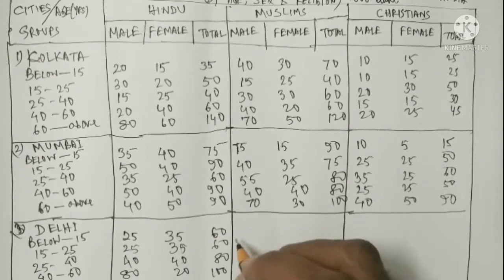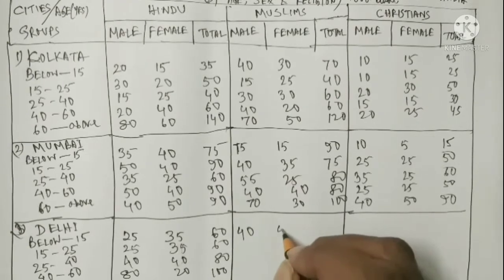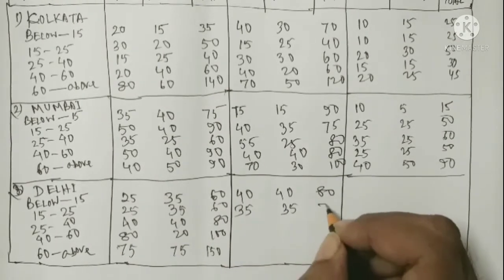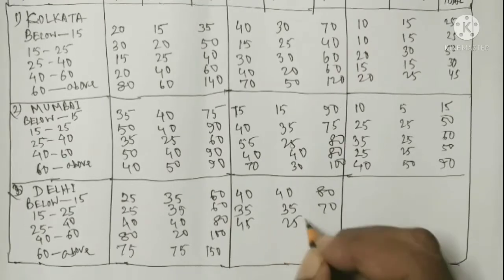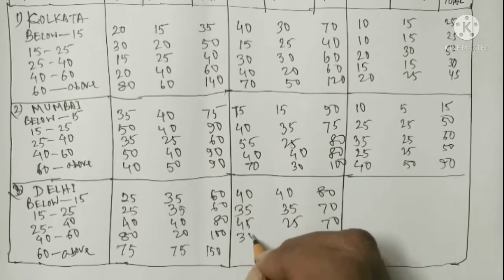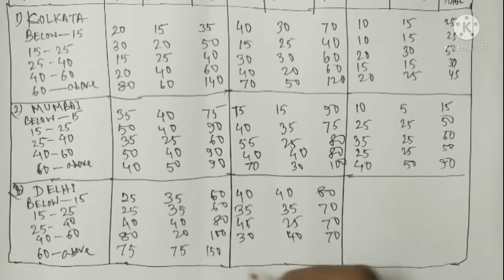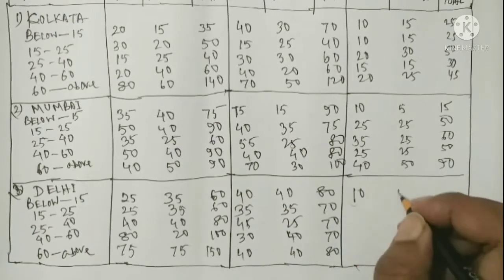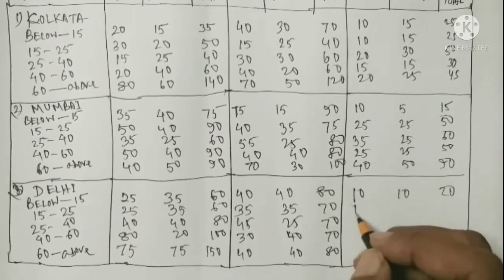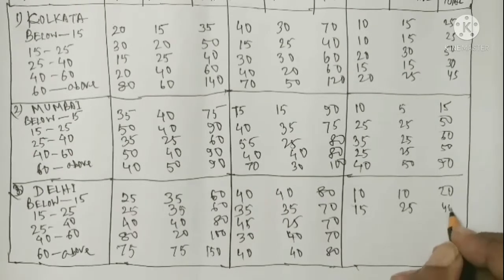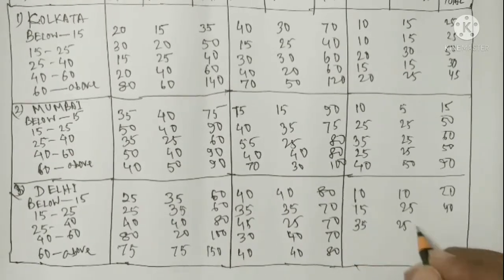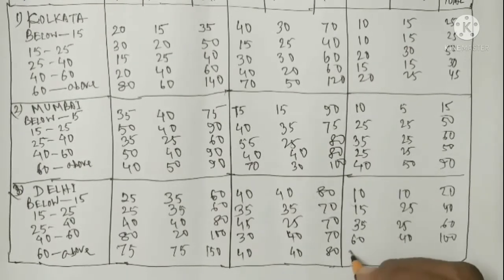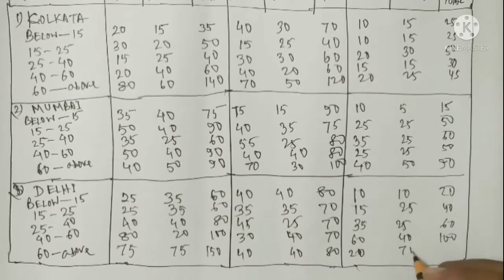Here are Muslims: 40, 40, 80, 35, 25, 35, 70, 45, 25, 70, 30, 40, 70, 40, 40, 80. And here suppose 10, 10, 20, 15, 25, 40, 35, 25, 60, 60, 40, 100 and 20, 20, 70, 90.